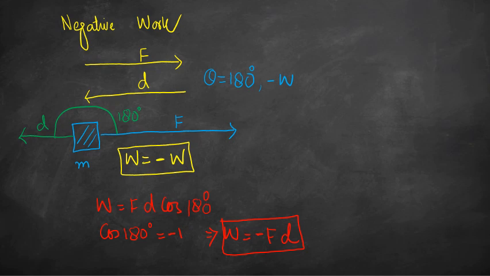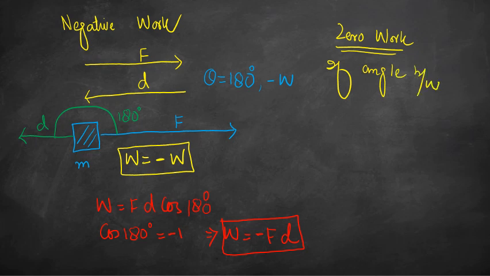You can say that work is 0 if the angle between force and displacement vector becomes 90 degrees, then the work done on such a body is 0.